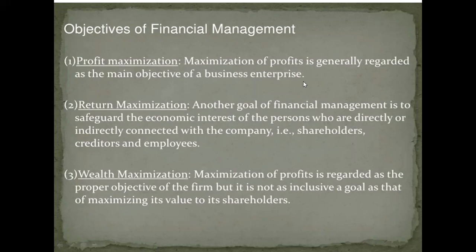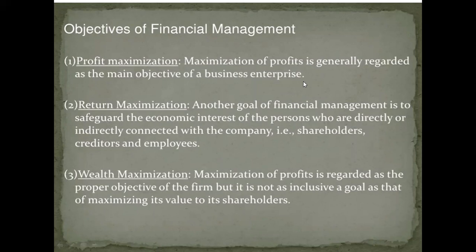Return maximization: when we know the proper policies of using the finance, it leads to return maximization. How does the return maximize? Because with financial management, we know the rate of interest at which we are investing the funds. And if it is a good rate of interest, we get good returns back.